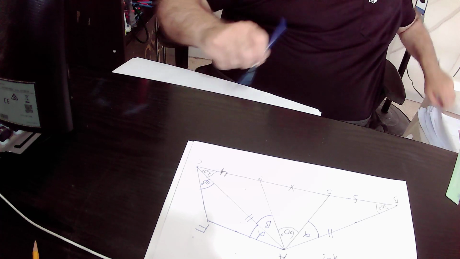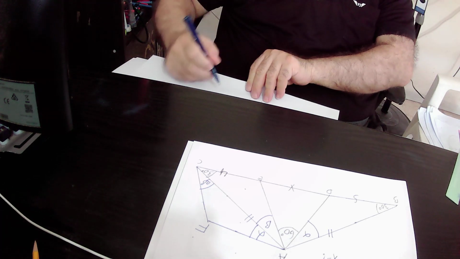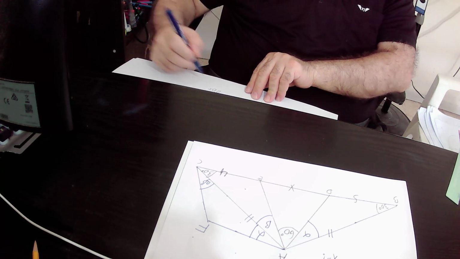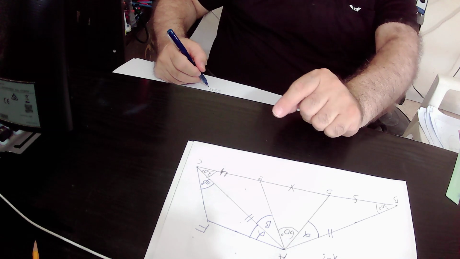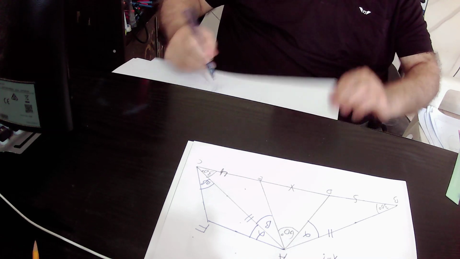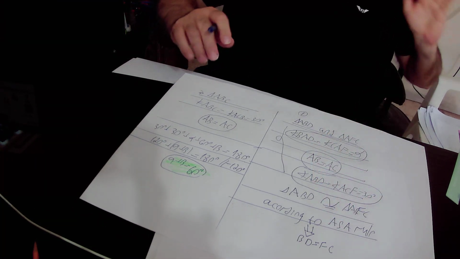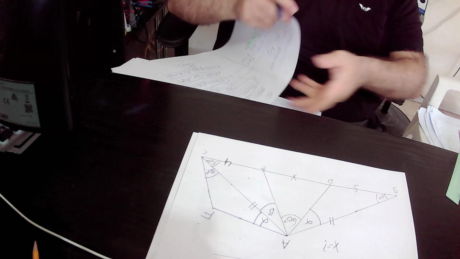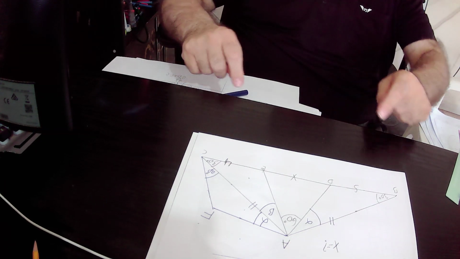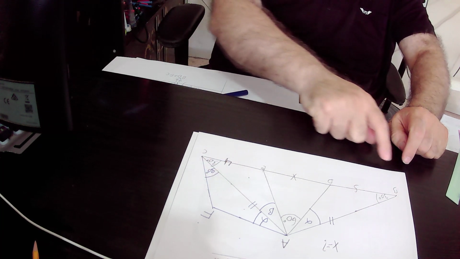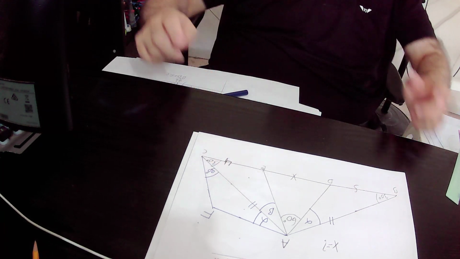Side BD in triangle ABD is equal to side FC in triangle AFC. Here, BD equals FC according to the rule that corresponding sides in congruent triangles are equal to each other.